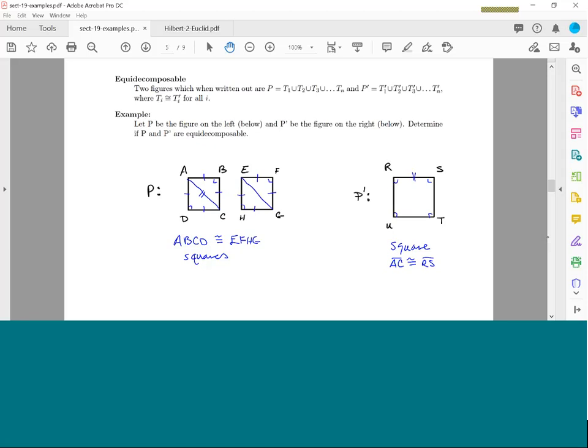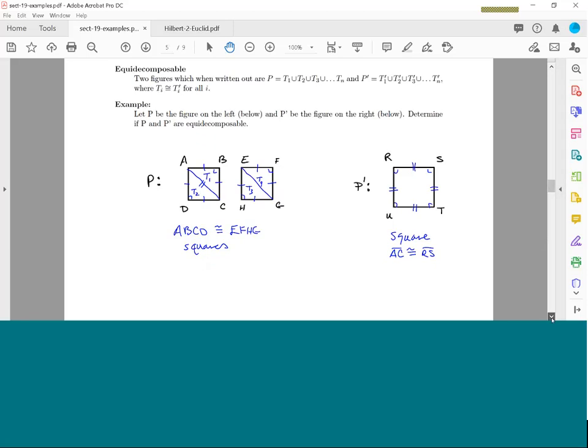If we look at the big square, all of our sides are going to be congruent and all 4 angles will be right angles. Okay? So let's go ahead and label these guys as T1, T2, T3, T4. Now, I'm going to claim that all of those triangles in the first figure, so figure labeled as P, are actually congruent to each other.